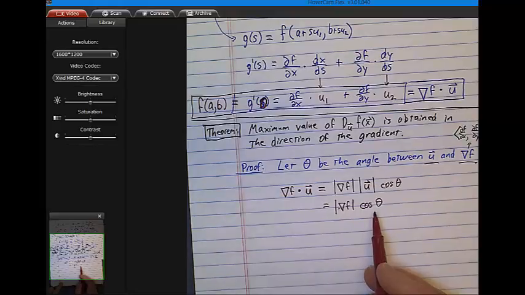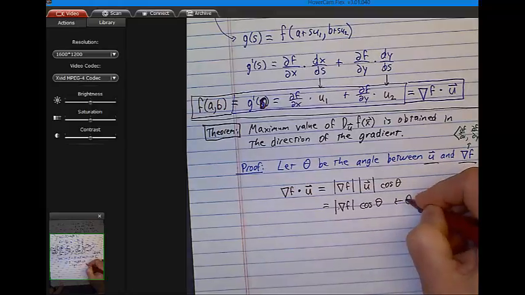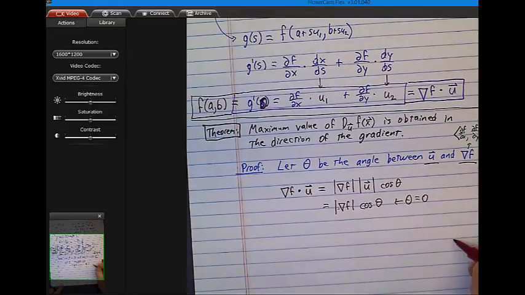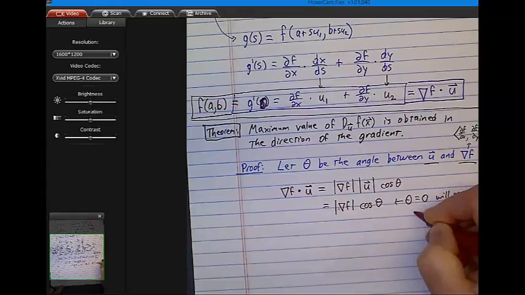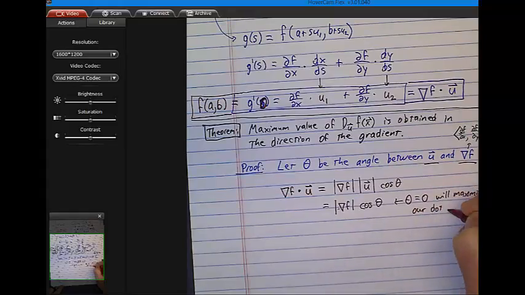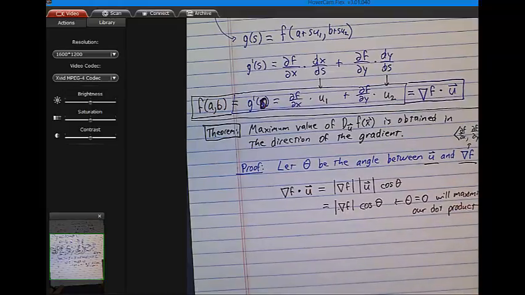Well, the biggest cosine can ever be is 1, and that's when theta equals what? 0. So theta equals 0 will maximize our dot product, but the dot product is how you compute the directional derivative. So the whole trick is, if you want steepest descent, maximum value of the directional derivative, or ascent, either one, the way to do it is go in the direction of the gradient.